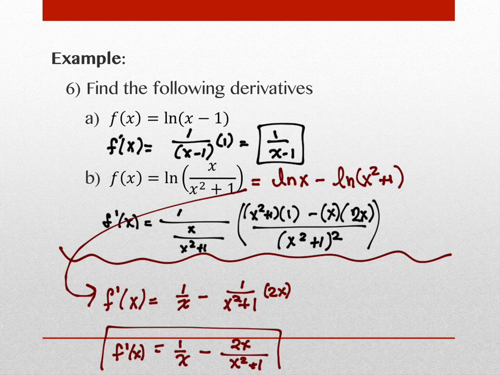Now, if you were asked, could you combine these fractions back together? Sure, you could. You get a common denominator, we subtract the numerators, all that stuff, right? Generally speaking, you're not going to need to do that, but if it did ask you to write it as a condensed expression, all in one fraction, you would need to do that at this point, okay?